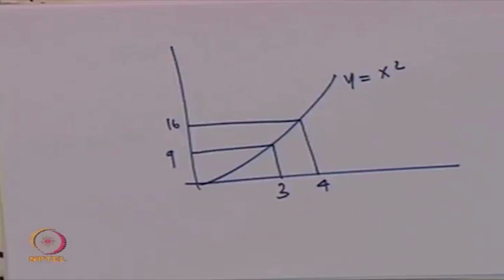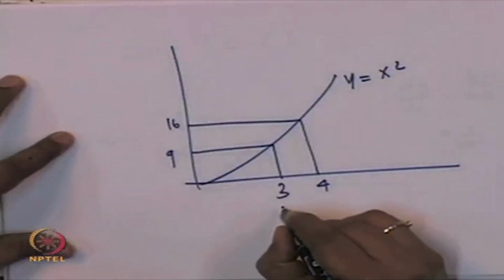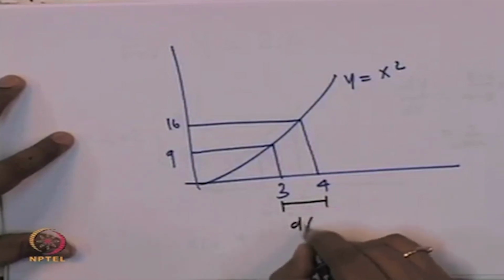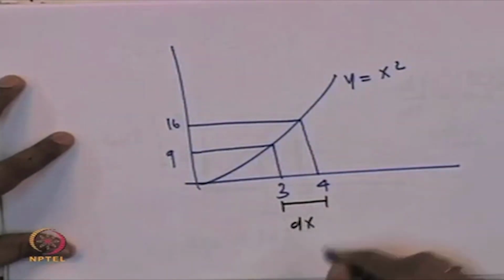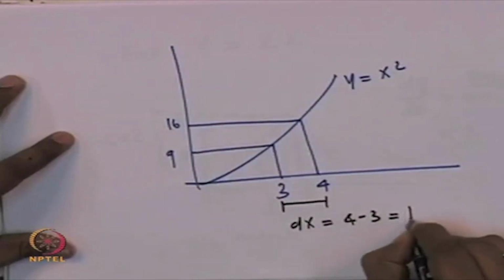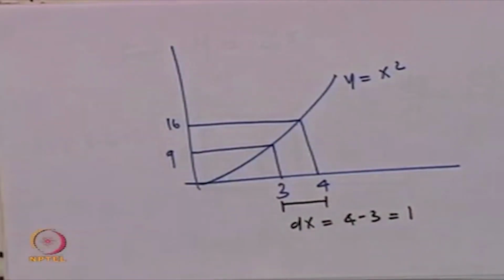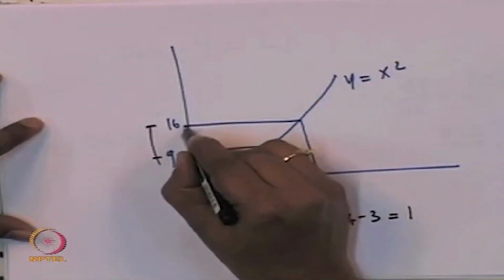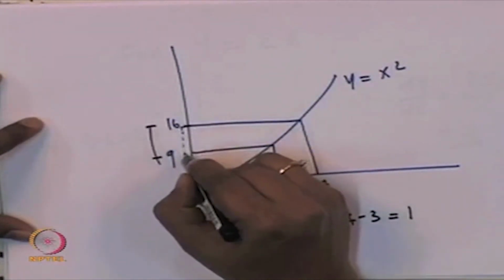What is dx? dx is nothing but this amount. This is nothing but 4 minus 3, which is 1. So, dx is 1. Now, what is dy? The dy is this amount, this much is the dy.